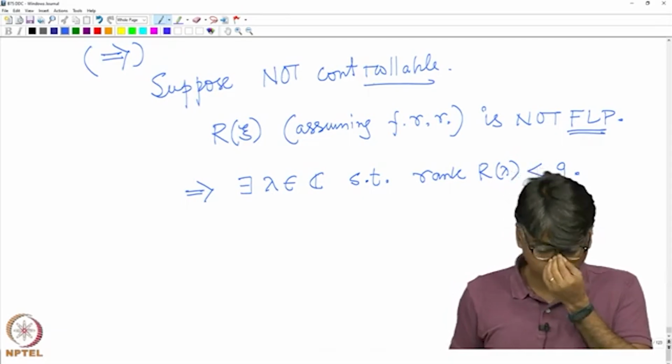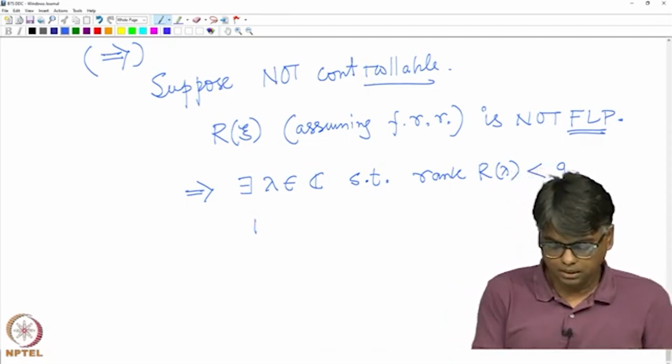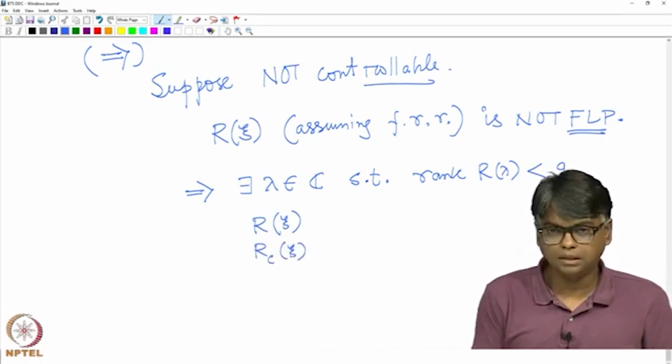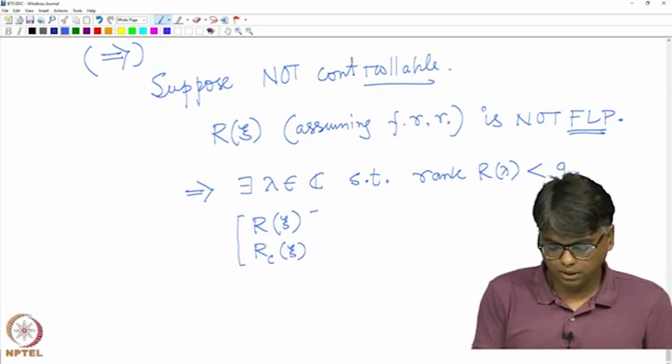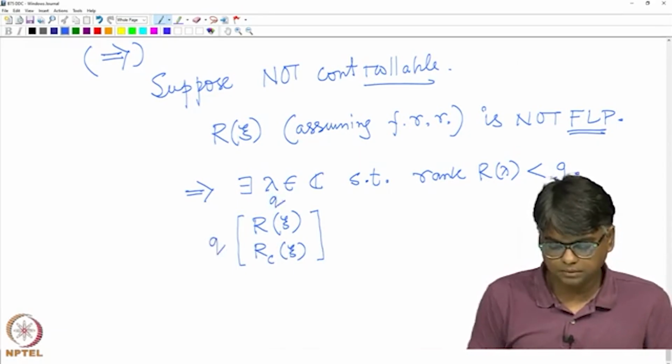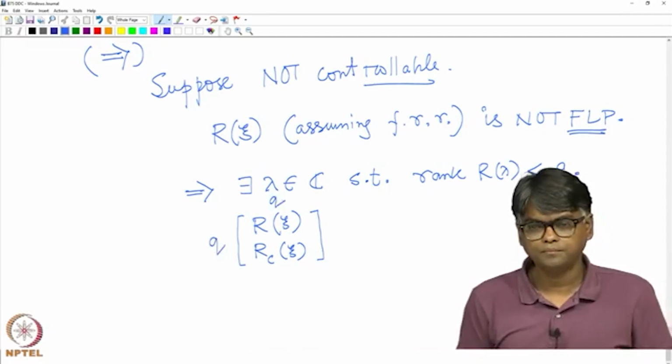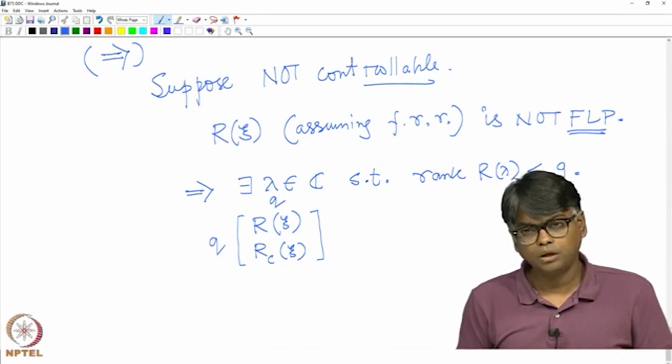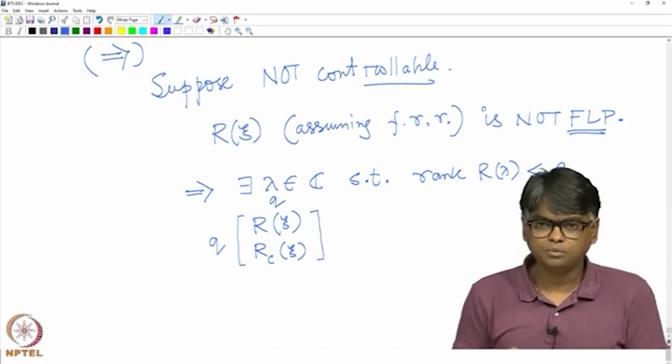Now, look at R(ξ). When we put a controller, we put extra rows R_c(ξ). Together, this is now a q cross q size matrix, so a square matrix.